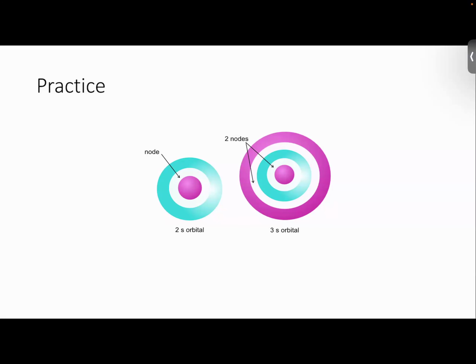Step number 1. I know that this was an S subshell because it's spherical. Step number 2 was to figure out exactly which S it was. Well, S begins in n equals 1.